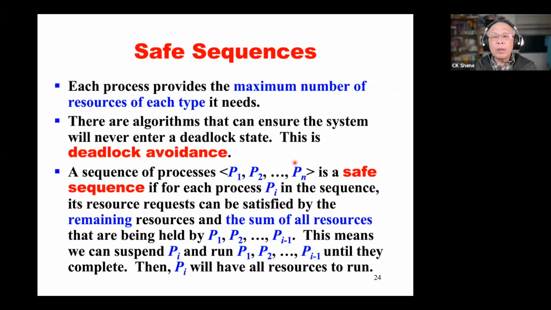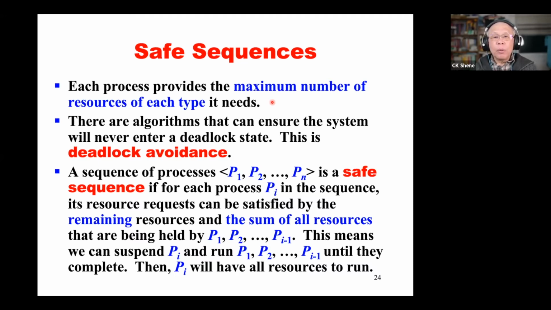What is a safe sequence? Let's assume that each process provides the maximum number of resources of each type it needs. For an example, when you design a process, you probably know what kind of resource you will be using. For an example, you will need maximum space of say 2 GB, and you need 10 tape drivers, 2 disk drivers, and so on.